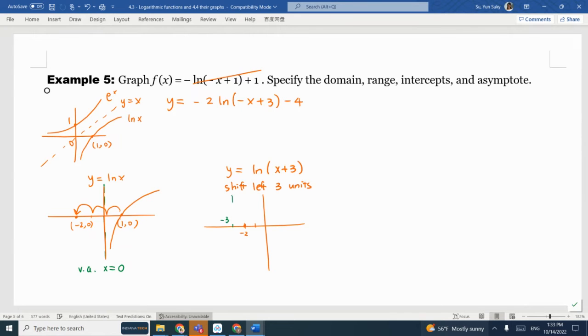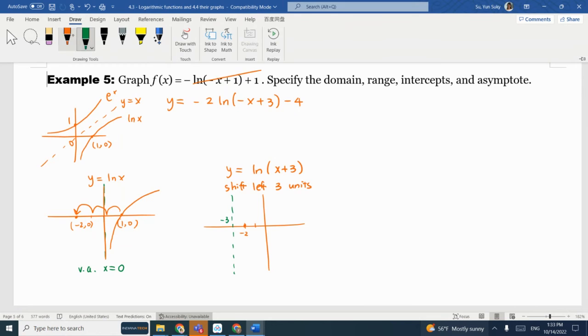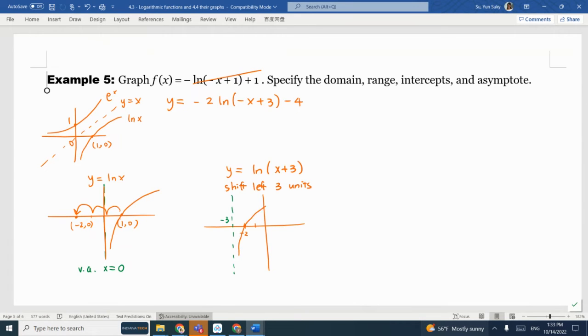So -3, we have our new vertical asymptote. And then your shape is still the same. Do you agree? The shape is still the same because you shift the whole thing left. Yes, everybody? Okay. And that's the first step.